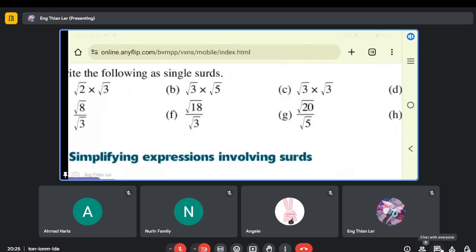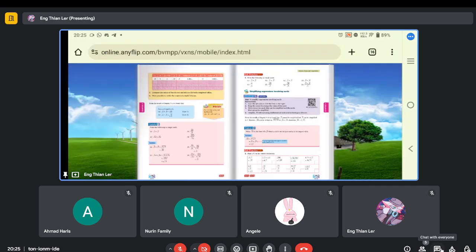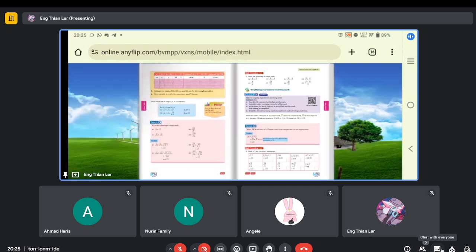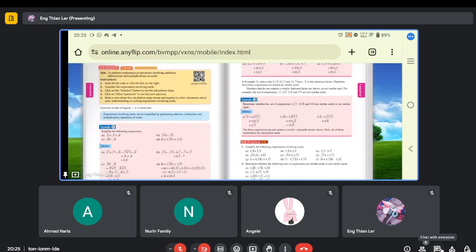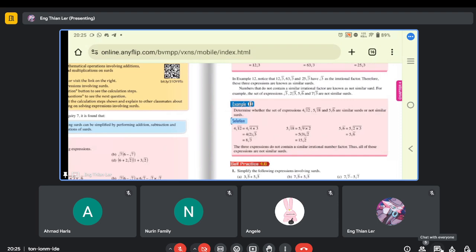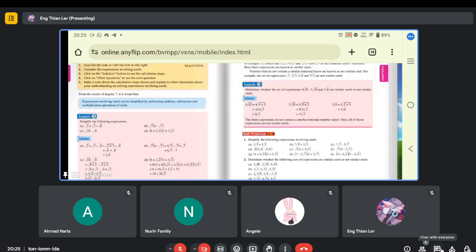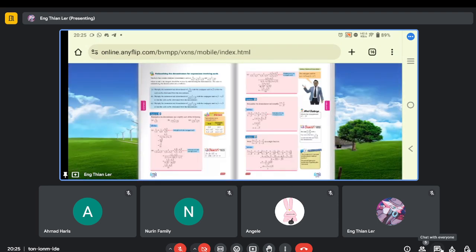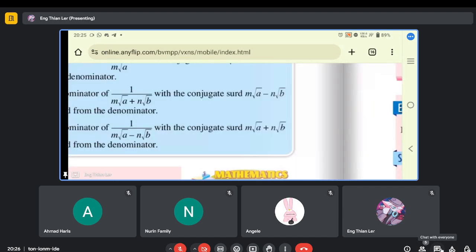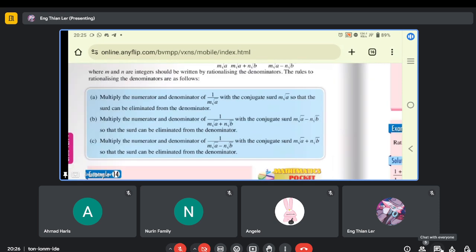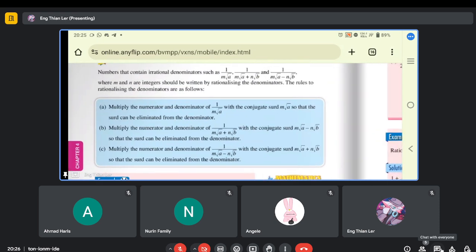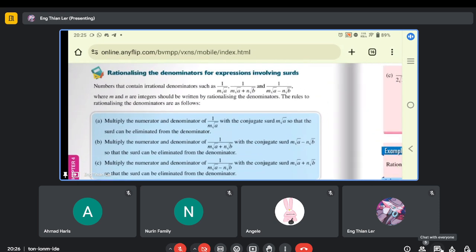So now I will teach you rationalization. Okay, this is rationalize. Now it looks really complicated, but don't worry. It's actually a very simple concept. So what is the concept?